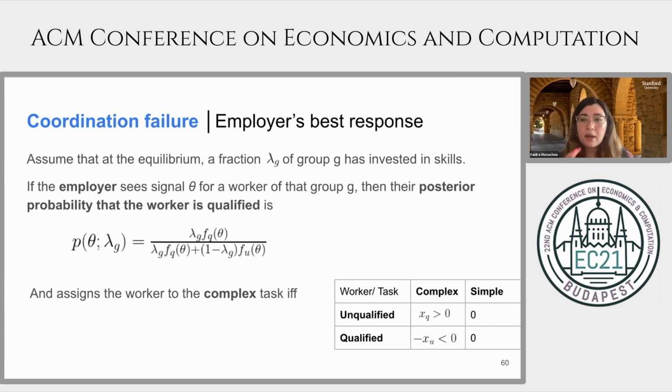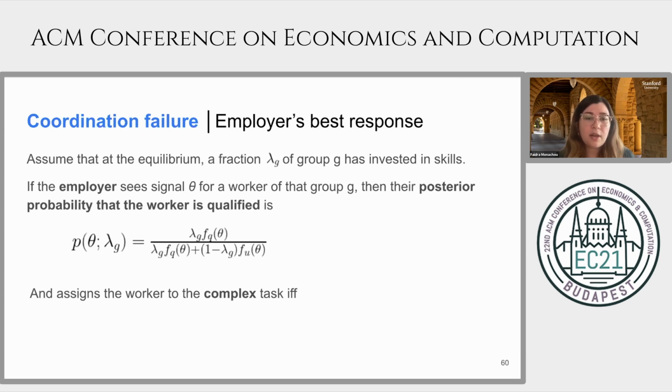I will not show you the algebra, but solving for theta, we find that the employer follows a very simple threshold rule. When the signal is above a threshold theta hat, which depends on the lambda G parameter, they assign the worker to the complex task, and below that to the simple task.